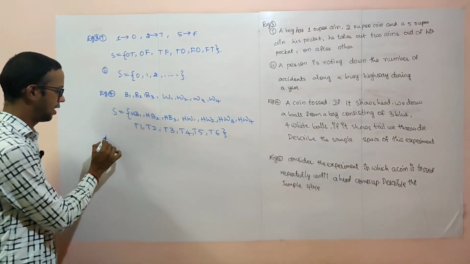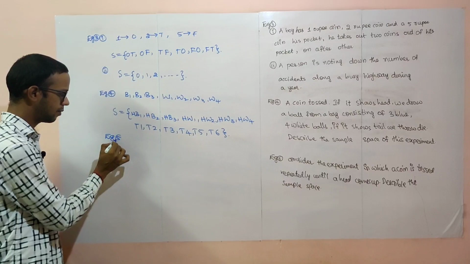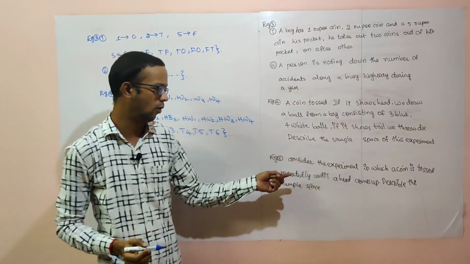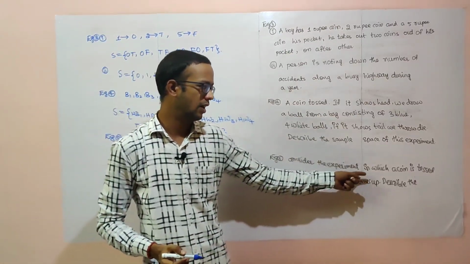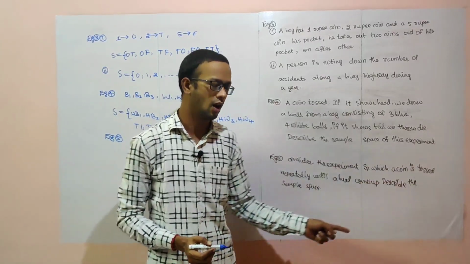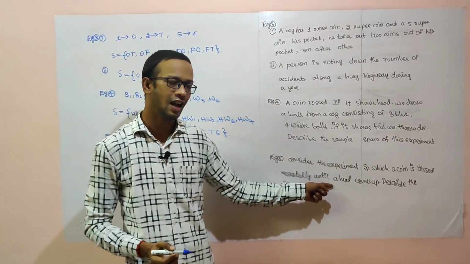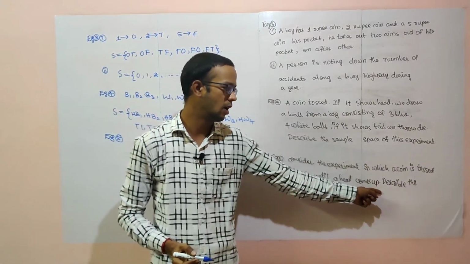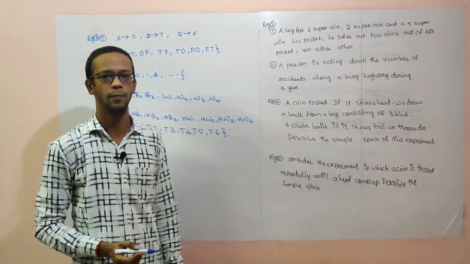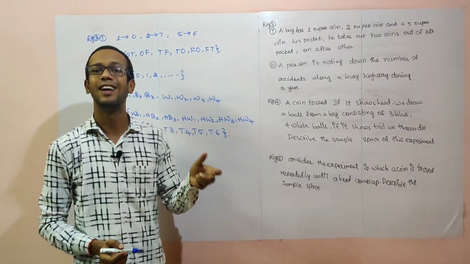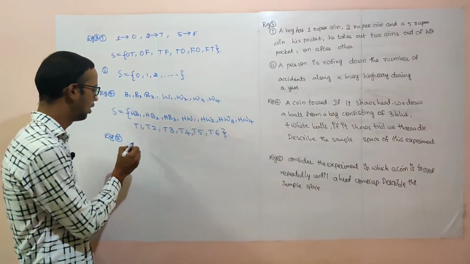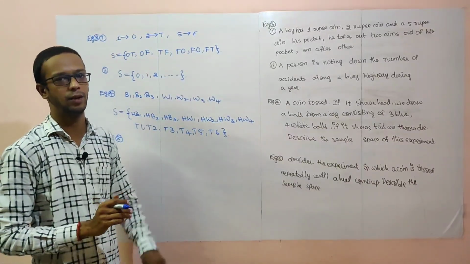Next, example 5. Consider the experiment in which a coin is tossed repeatedly until head comes up. Describe the sample space. You have to toss a coin until you get head. If you get head, stop the experiment.